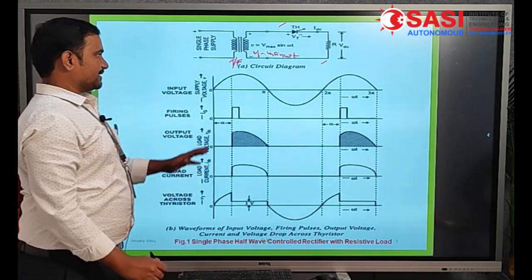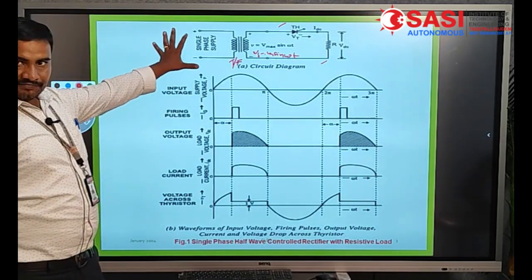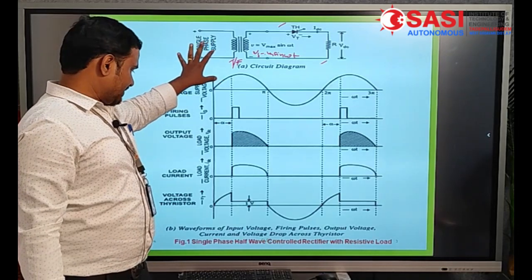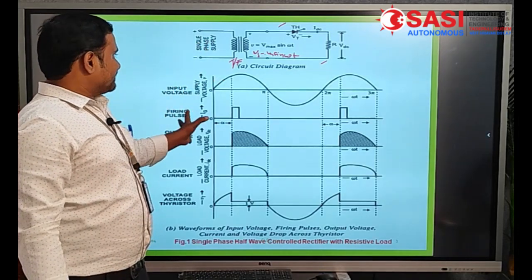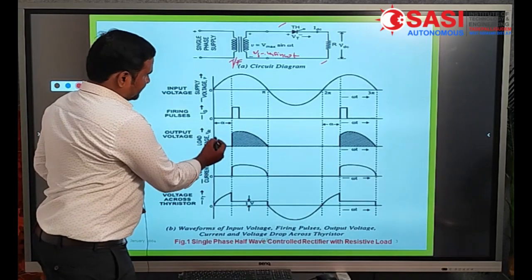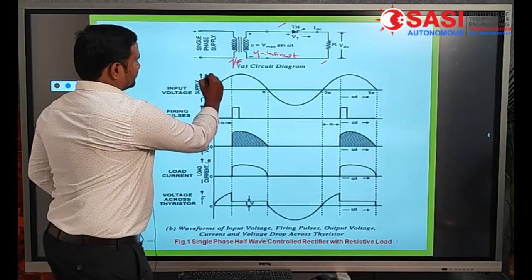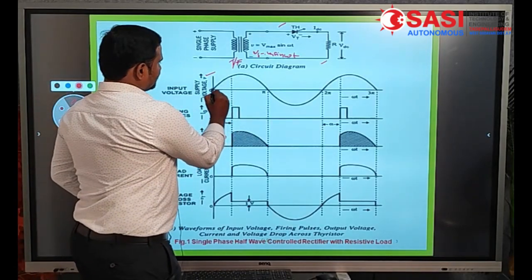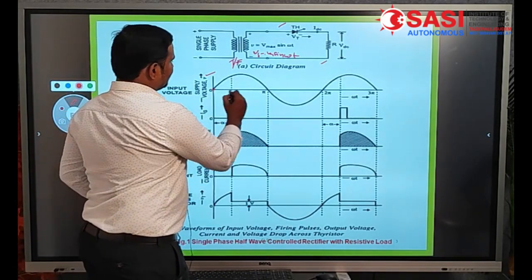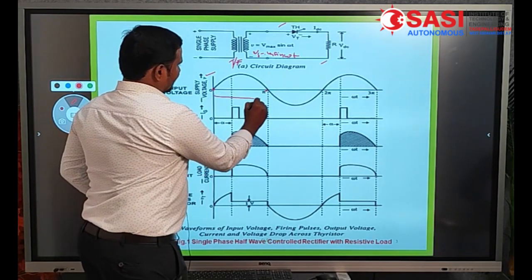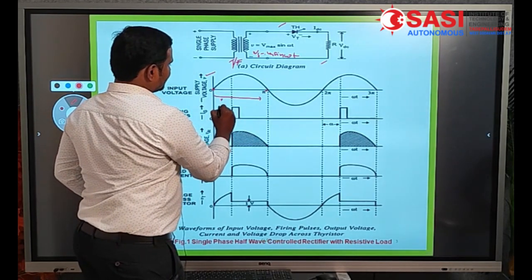The importance of this single phase half wave controlled rectifier is that any half of the cycle can be controlled. If the input is a sine wave, it can be controlled from 0 to 180 degrees by varying the firing angle.